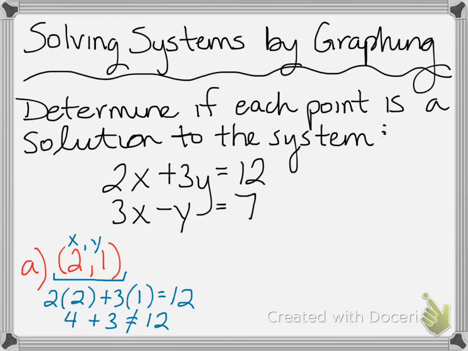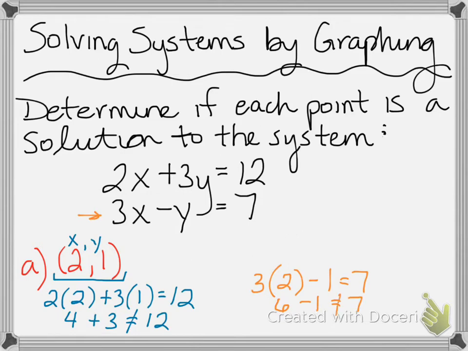Okay, but you could try it for the other one and just see what happens when you plug it into the other. So if we do this equation here, you've got 3 times the x, which is the 2, minus y, which is the 1, and does that equal 7? 3 times 2 is 6, minus 1. Does 6 minus 1 equal 7?